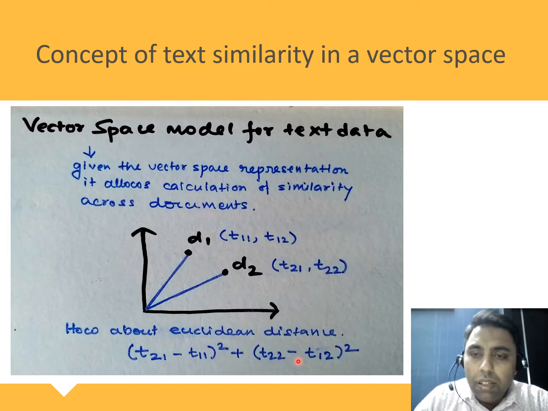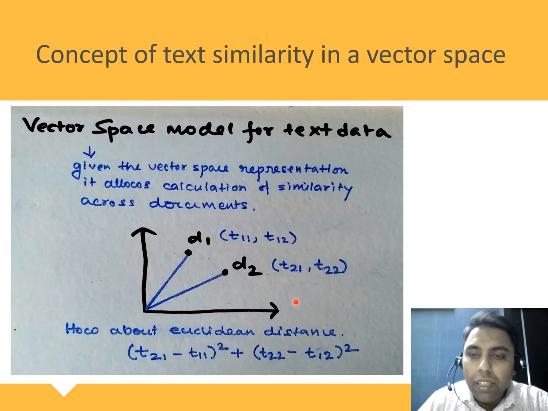Because it will look at the presence of different words in the documents, and then component by component it will calculate the difference. And if similar words are present in both the documents, then the component-wise differences will be zeroed out.